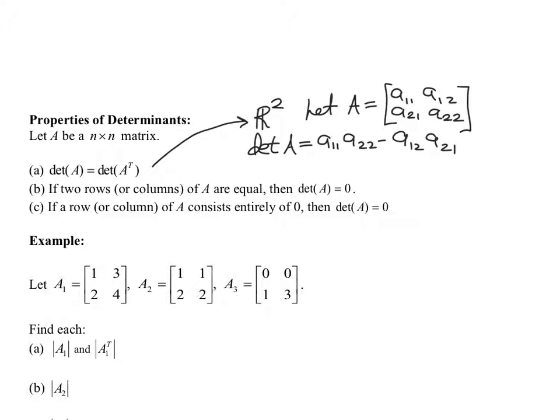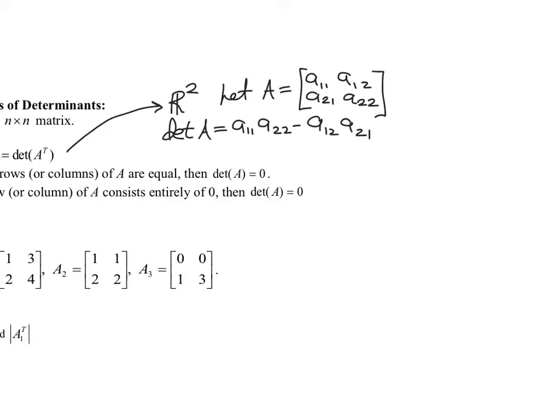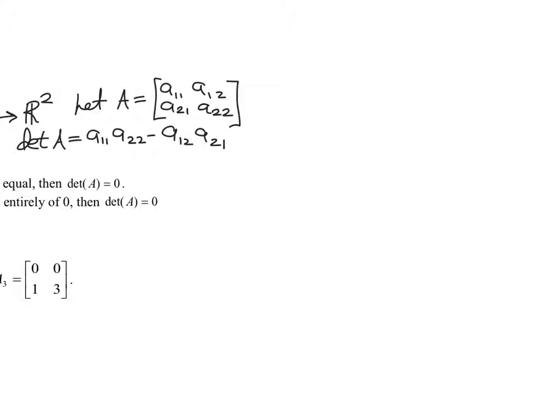All right, so now I need the transpose of A. Easy enough, if you remember what a transpose is. Swap rows with columns. So A sub 1,1, A sub 2,1.